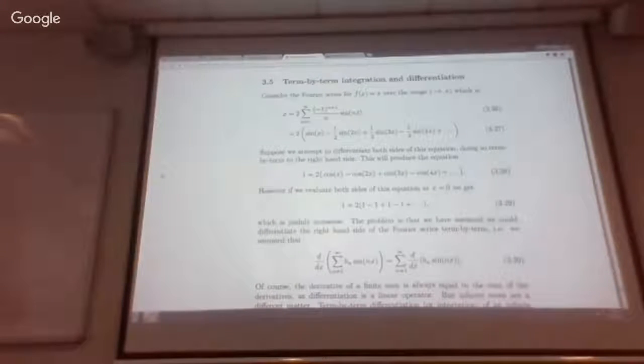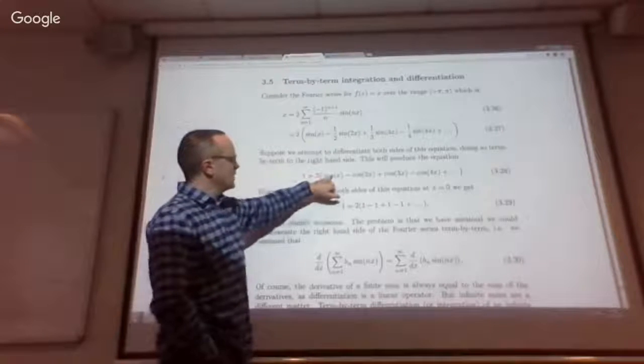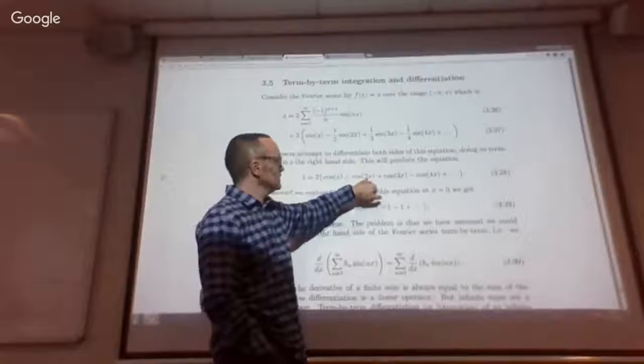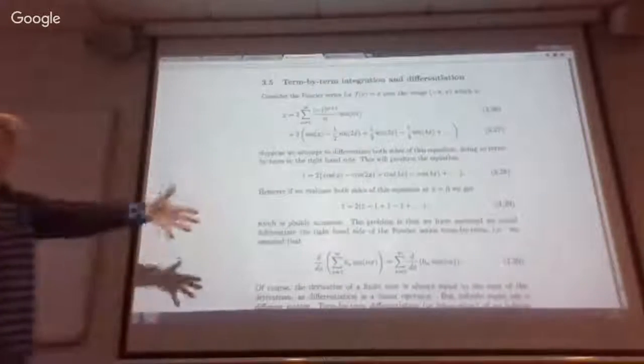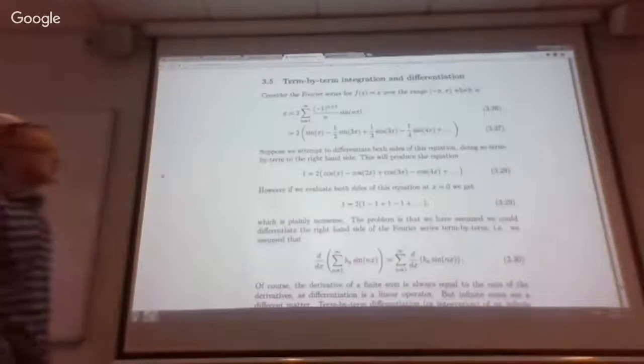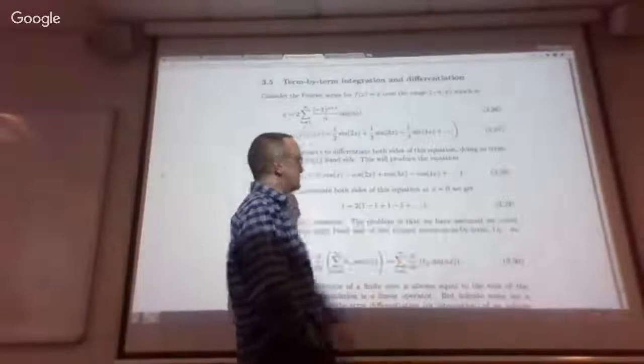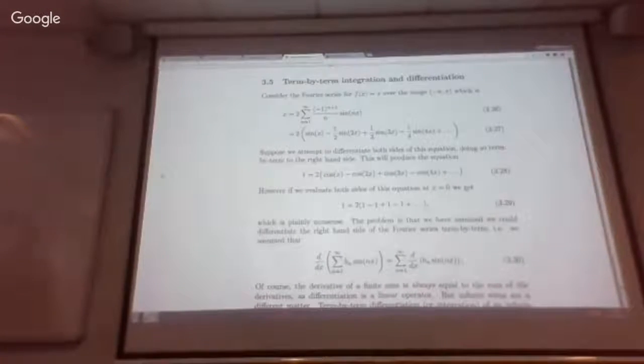But of course, cosine of 0 is just 1. So on the right-hand side, you've got 1, minus 1, plus 1, minus 1, plus 1, minus 1, plus 1, etc. So you've got this alternating series of 1s and minus 1s. And that, we claim, is the nonsense.